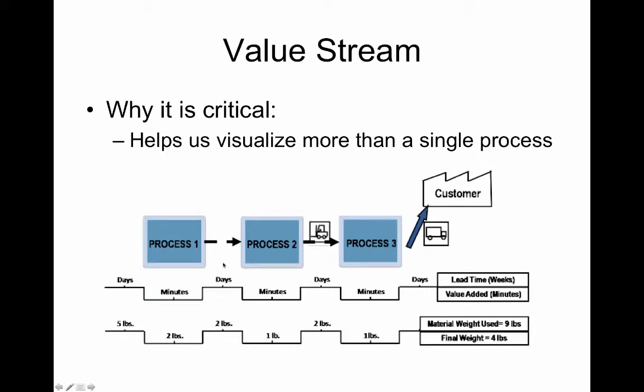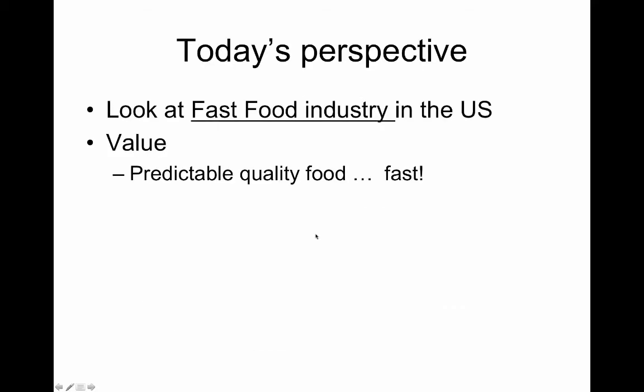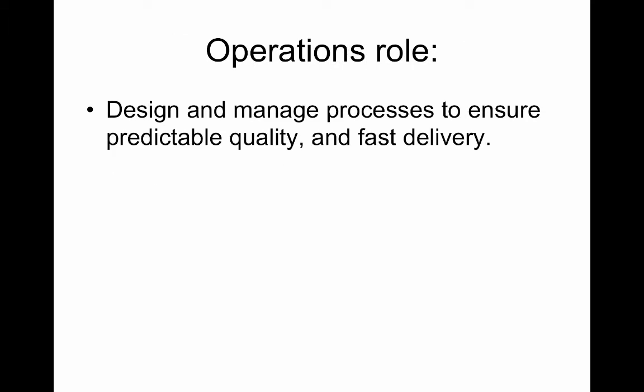All those things are important because they help us to understand our processes better and therefore analyze our processes looking for improvements. If we look at the fast food industry in the US as an example, since I've already talked about McDonald's a little bit, the value ultimately is that we get predictable quality food and we get it fast.